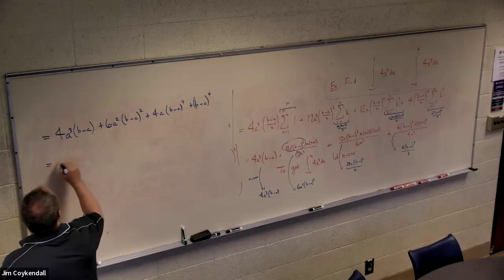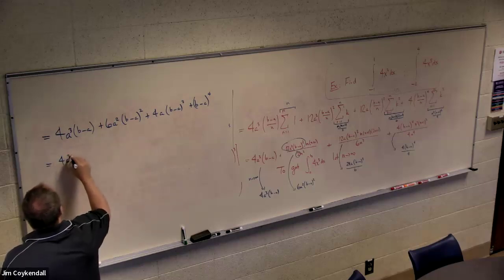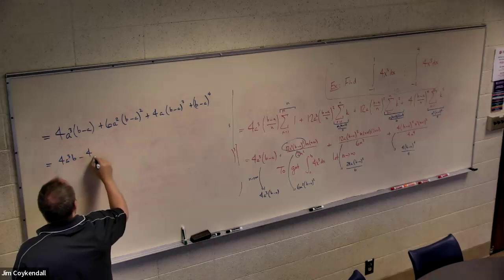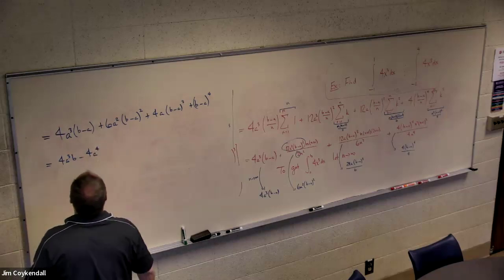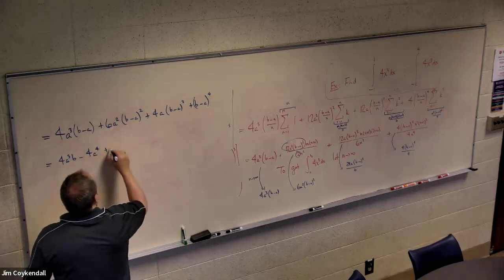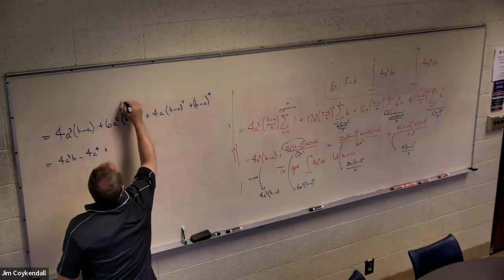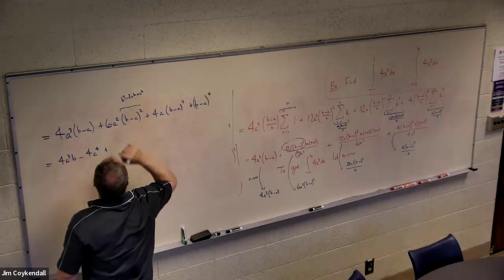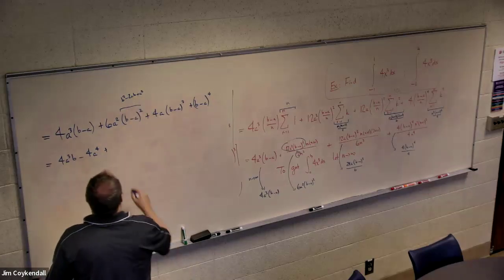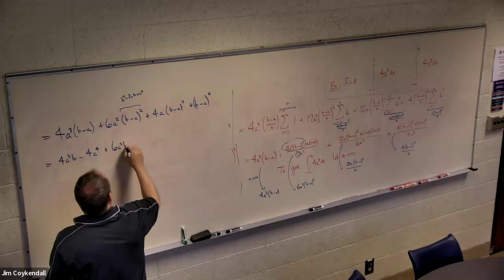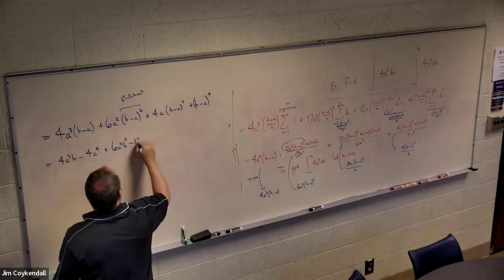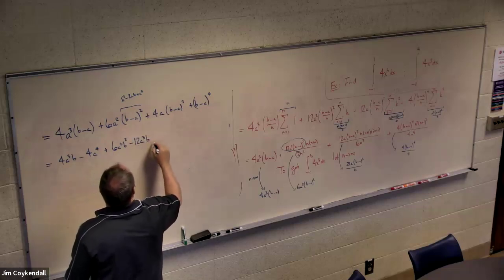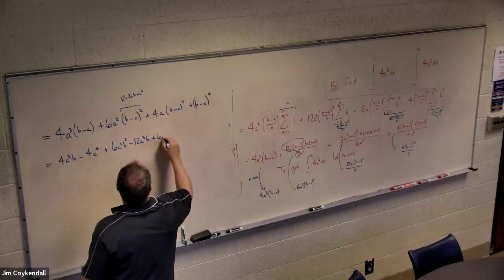Let me multiply this out. This is 4a cubed b minus 4a to the 4th, plus this bit is b squared minus 2ab plus a squared. So that's going to be plus 6a squared b squared minus 12a cubed b plus 6a to the 4th.